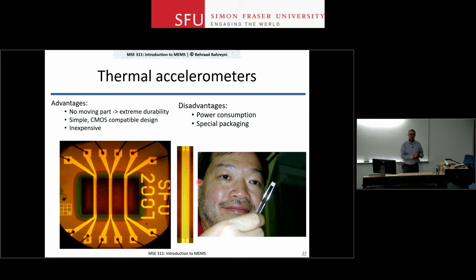You need special packaging. That's another drawback. You need to make sure that you have a stable environment around your heater and your temperature sensor, so that, let's say, the gas pressure inside doesn't change, or the gas composition doesn't change. And to improve your sensitivity, you want to fill the package with a special gas, not nitrogen, but something a little bit heavier like SF6.